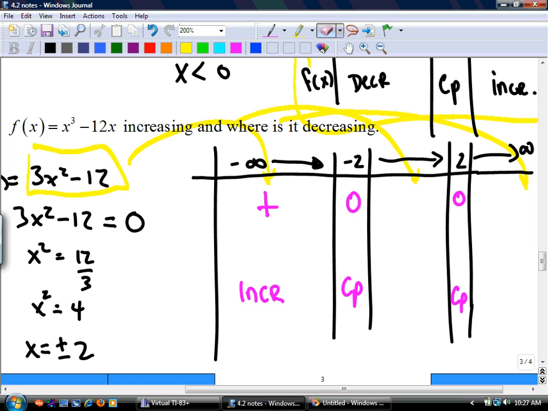Really? I'm lazier than that. 0. 3 times 0 squared minus 12 is negative. So it's decreasing here. And then pick a number between 2 and infinity. Good. Positive. Increasing.